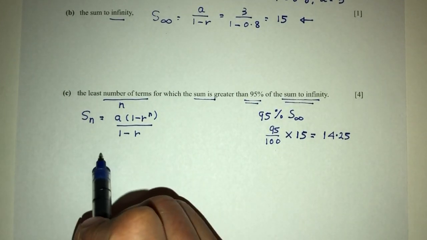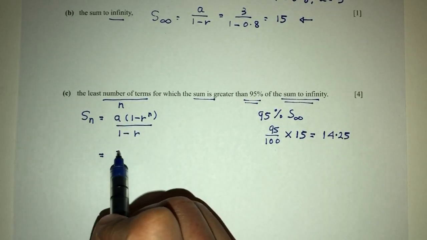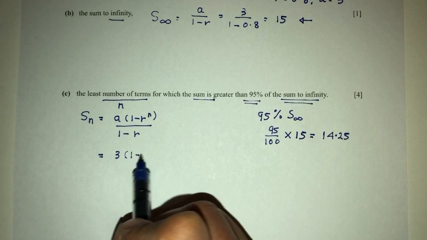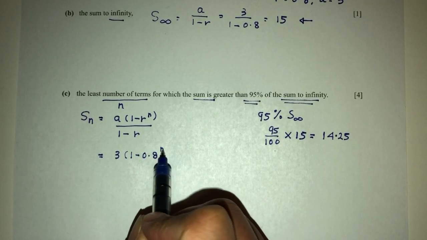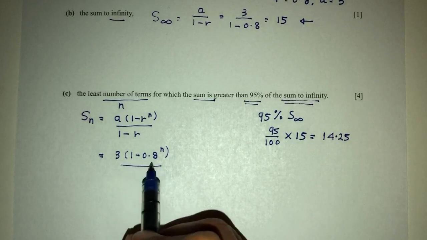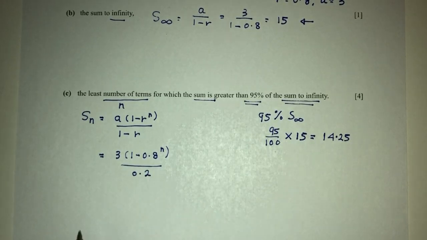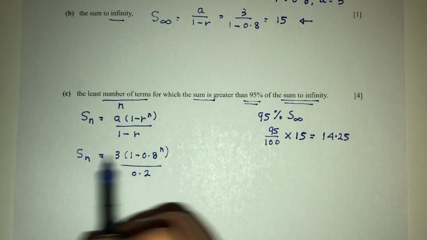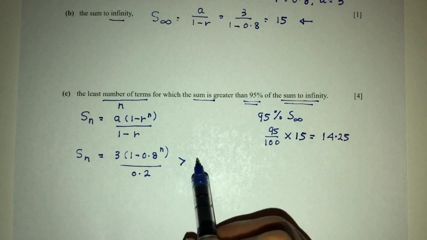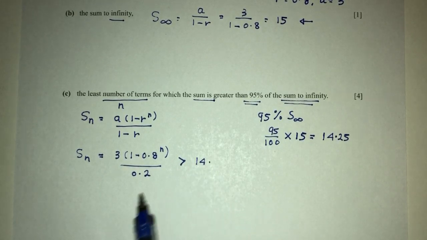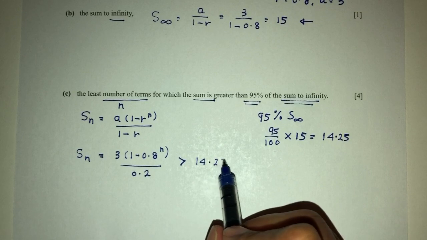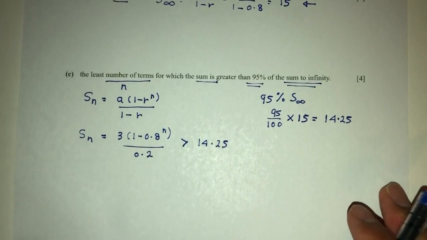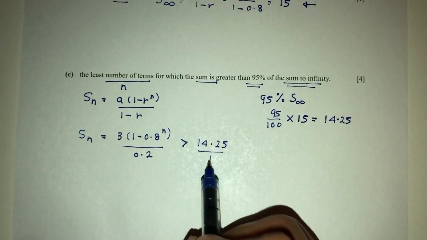Now we know a is 3, and 1 minus r is 1 minus 0.8, which will be 0.2. So we need the sum of the first n terms to be more than 14.25. Let's solve for the value of n. First step, we can just cross multiply.